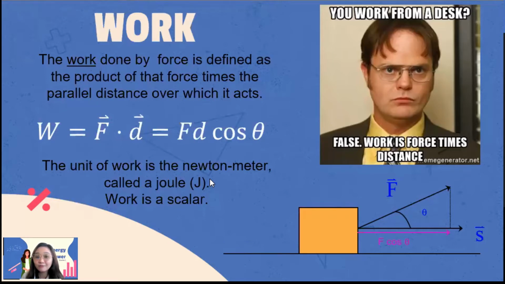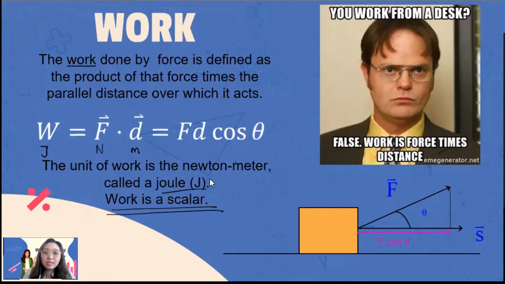The unit of work is Newton meter kasi si force is in newtons tapos yung displacement natin is in meters, or in other units, work is also in terms of joule. 1 joule is equal to 1 Newton meter. Work is scalar. Mamaya, madedefine natin kung bakit scalar ba ang work.